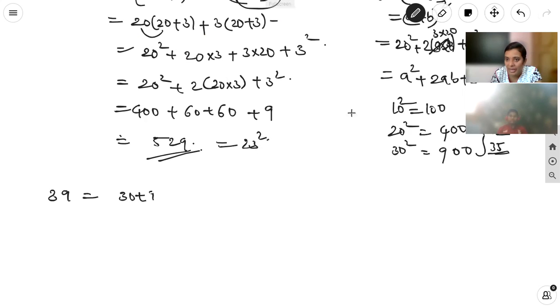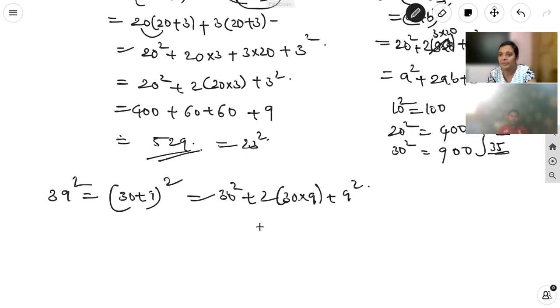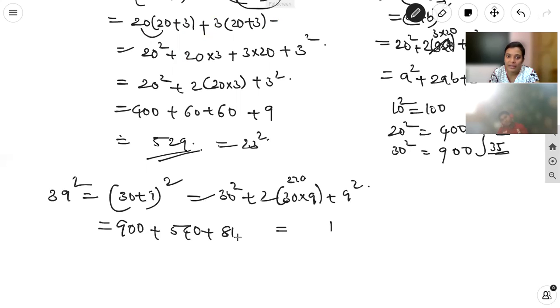If you remember this formula, it is easy to write: 30 square plus 2 into the product of the two numbers plus the other number square. 3 threes are 900, plus 9 threes are 27, that is 270, into 2 is 540, plus 9 nines are 81. You add it: 1, 8 plus 4 is 12, 1, 6 plus 9 is 15. 1521 is the answer. Just remember that whatever number can be expressed as the sum of two numbers, it is first number square plus 2 into the product of the two numbers plus second number square.